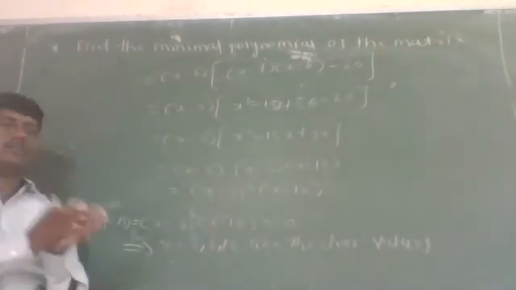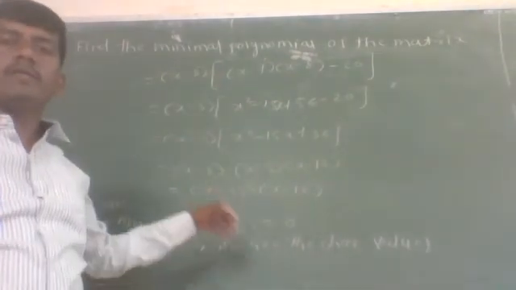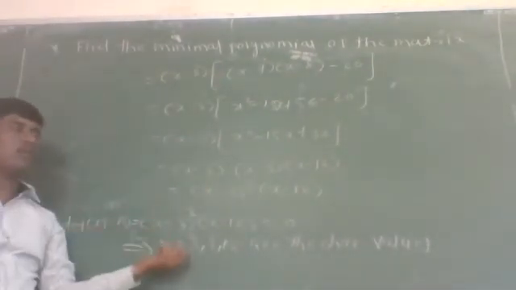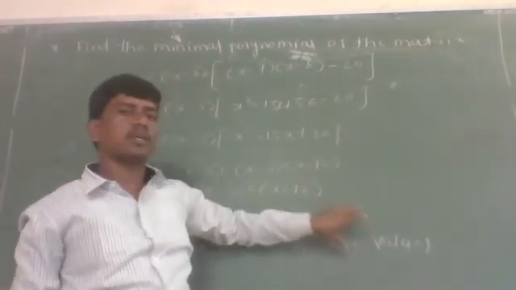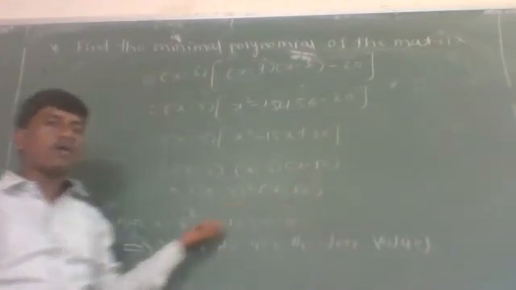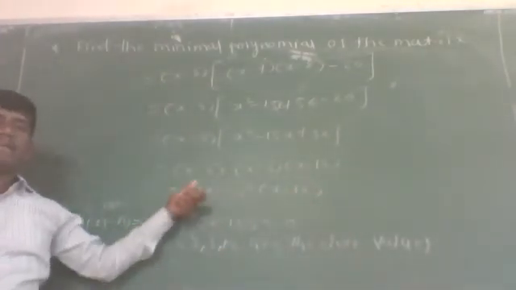Now we have to find the minimal polynomial. In previous lectures, we have proved that the characteristic polynomial and minimal polynomial of any linear operator or matrix corresponding to that linear operator have the same roots except the multiplicity.